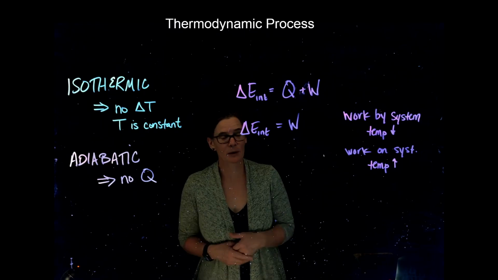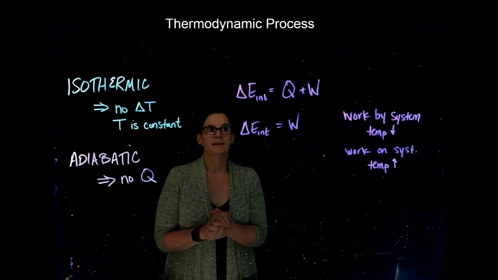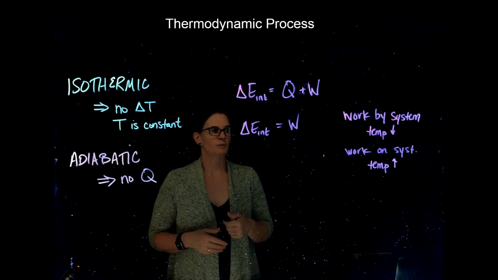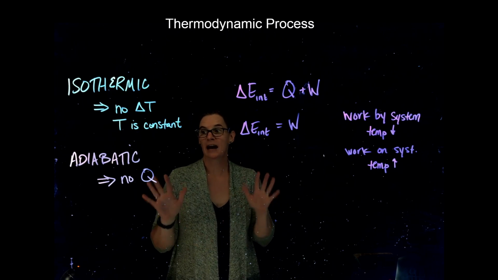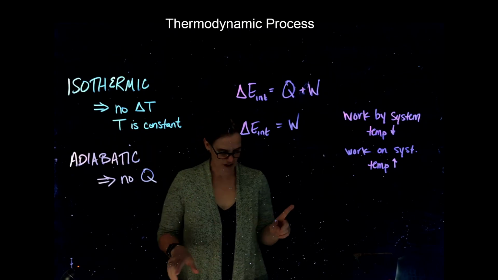You don't even need a spark plug. So a diesel engine works that way. We get really rapid work done on the system, temperature rises very quickly, and we get ignition without a spark. So there's our example of an adiabatic process.